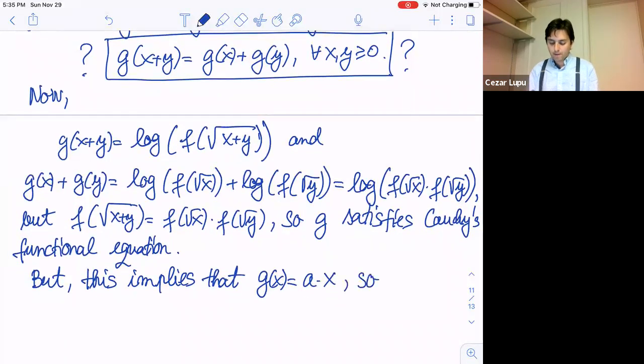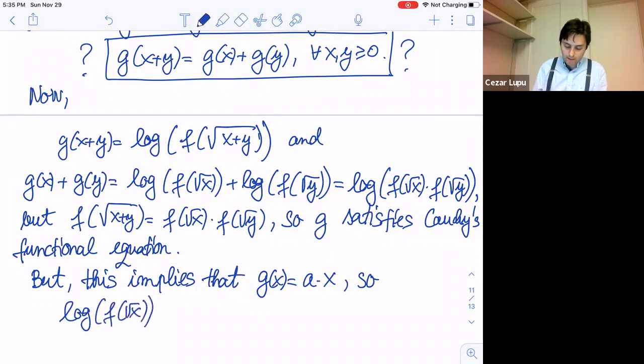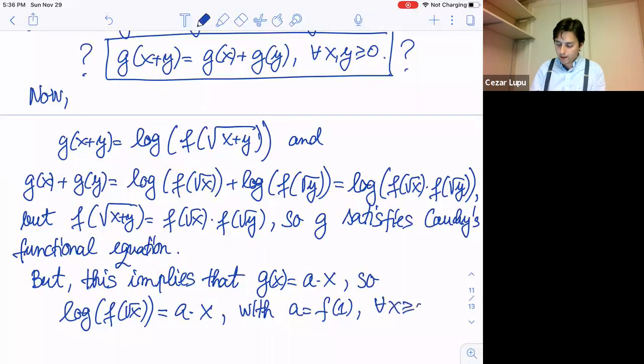So this means that log of f of the square root of x is nothing else than just a times x, with a being f of 1, for all non-negative x. And at this point, it's quite clear what will happen.